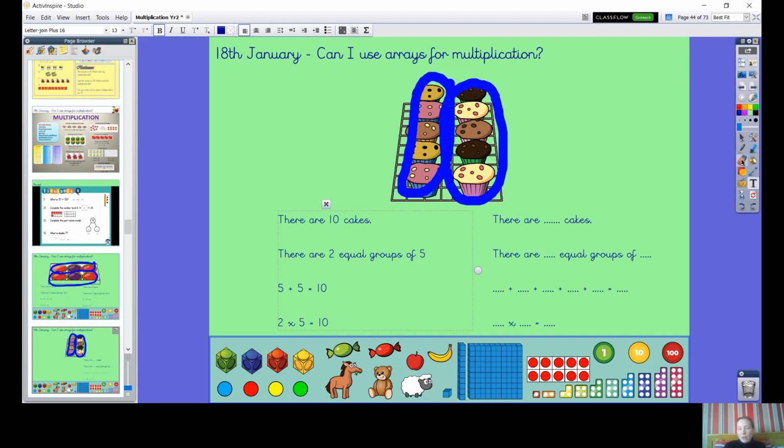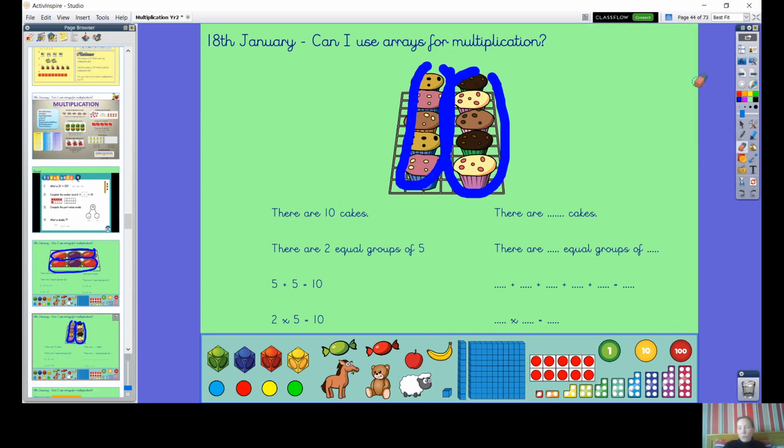So let's rub out those groups a minute. Oh, let's make the rubber bigger. Faster to rub out. Here we go. So how else could we have done it? So we could have done it as 1, 2, 3, 4, 5 equal groups of 2.